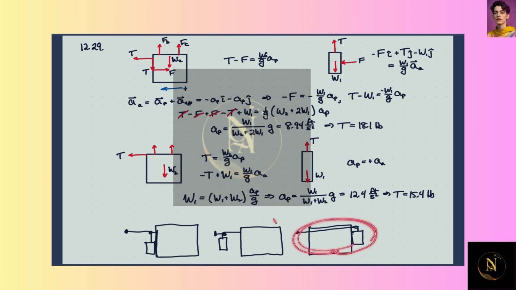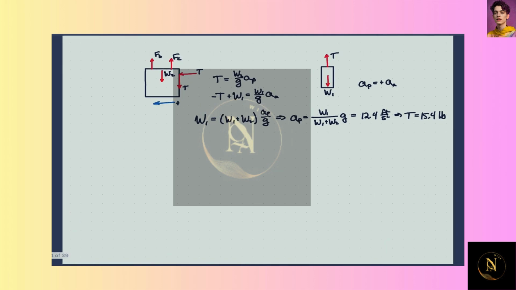Turns out this one and this one are identical, just because all we've done is shifted where T acts. So this seems like the best setup because here you've got a long cable, and it's crossing over there. But we can look at this one too, obviously, and here we just have T, and then we have T here, right? And then we have the weight and the loads from where the panel is hanging.